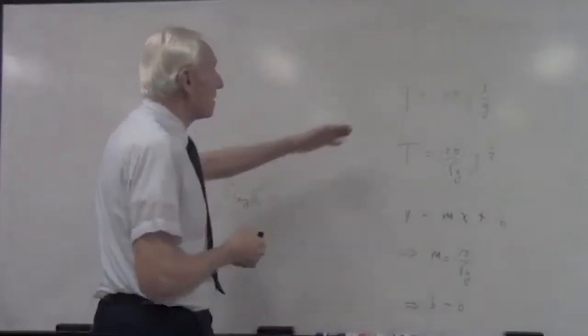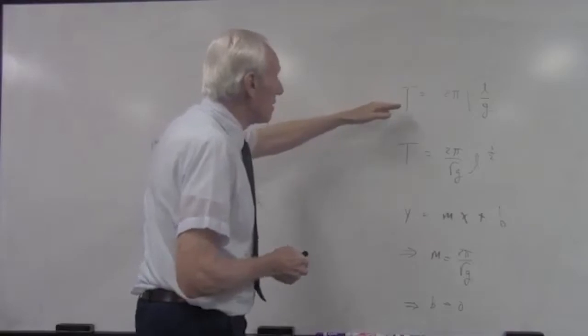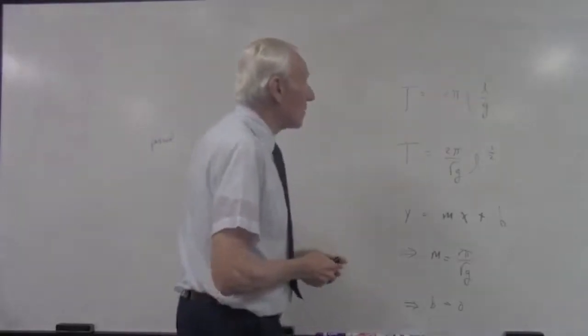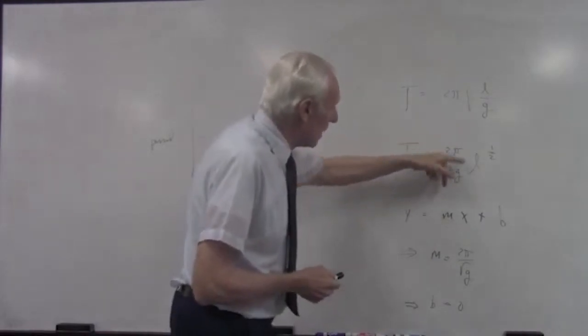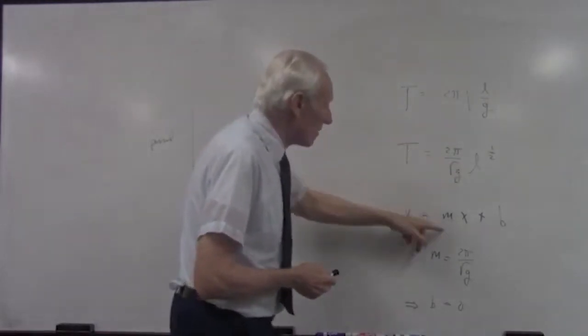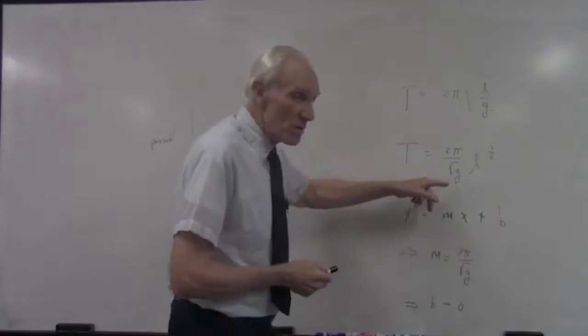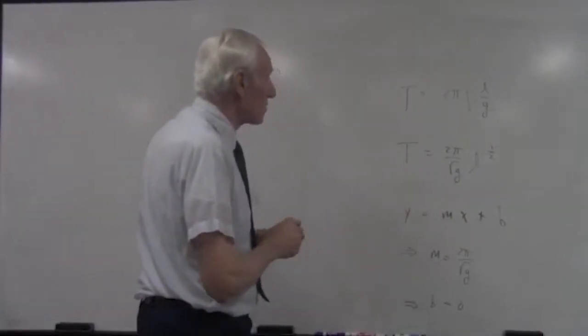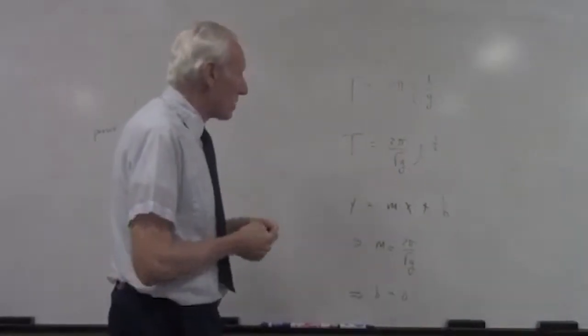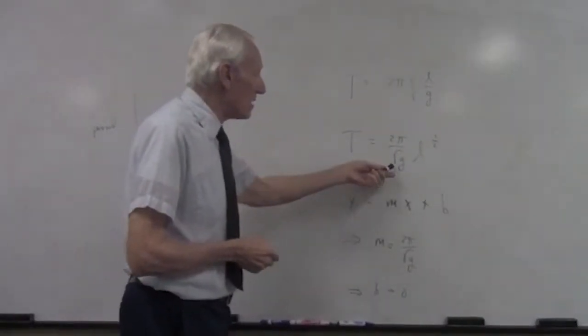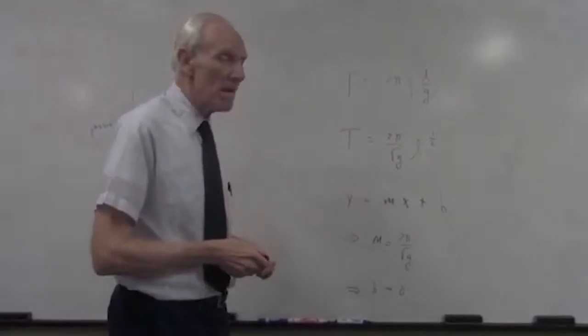The relationship that this should obey is that the period is related to the square root of the length. What's out in front of the length is 2 pi over the square root of g. You know what g is, 9.8 meters per second squared. So this is a number that's easy to calculate, and you should calculate it because you want to see if your slope comes out to be that value.